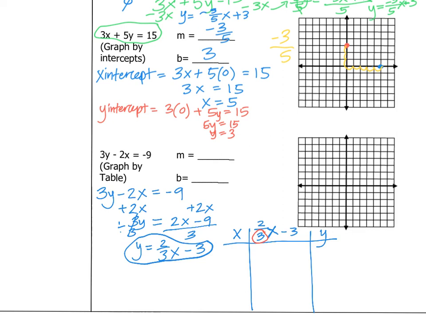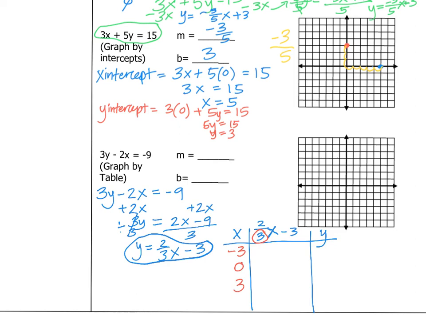Okay, so you're going to use the negative of your denominator, so -3, we're going to use 0, and then we're going to use the positive version of our denominator, so positive 3. So that's our input.